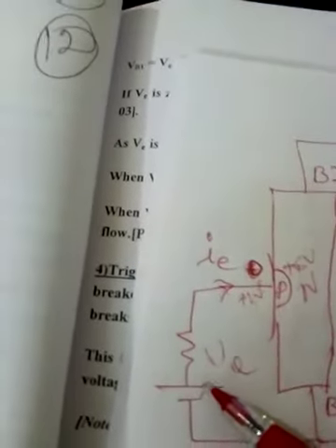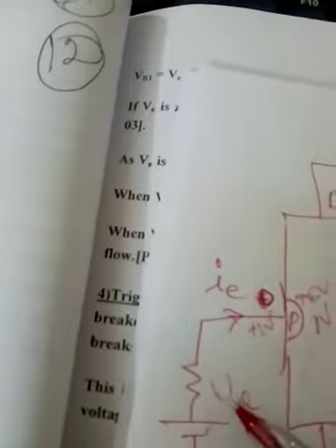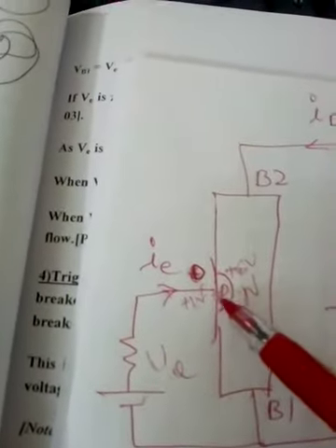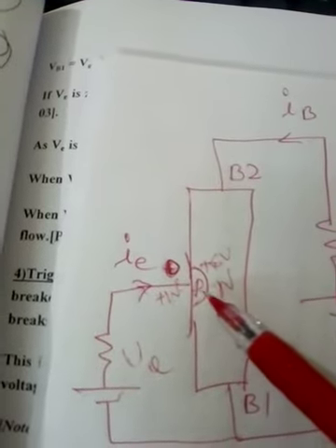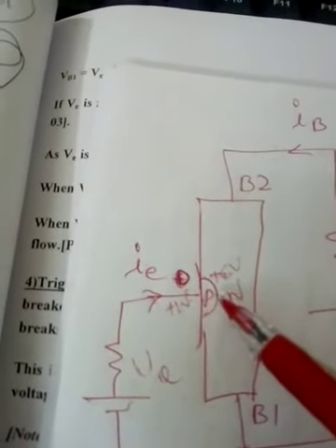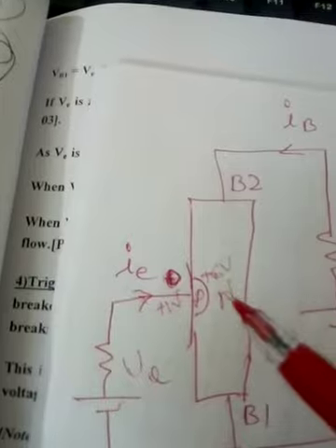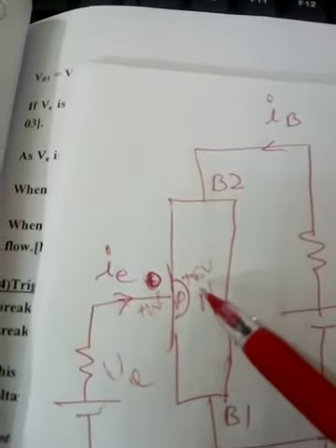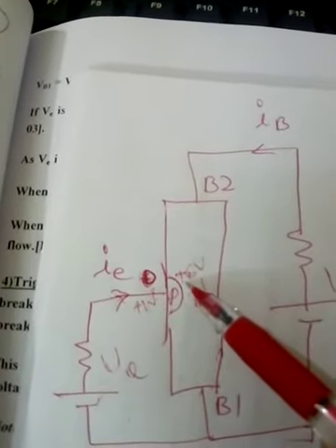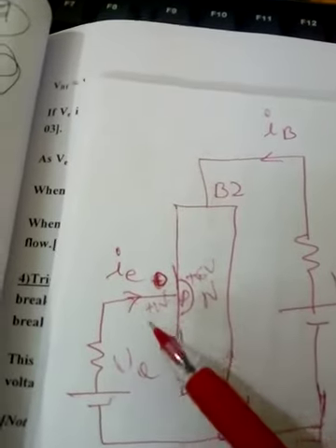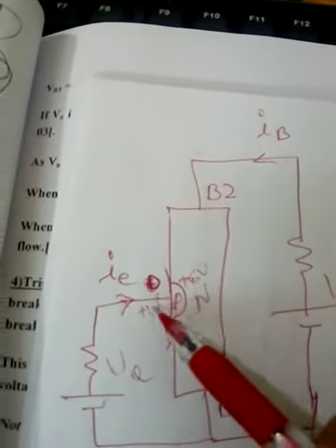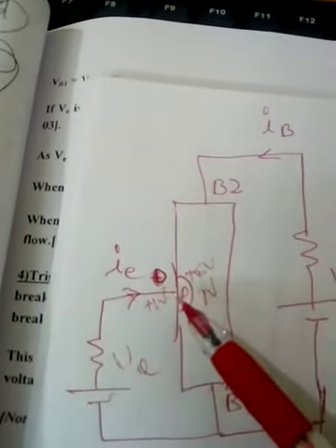Now assume that you are going to increase the emitter voltage gradually. Say you have made this 1 volt. When you make this 1 volt, the net reverse biased voltage on the PN junction will be only 5 volts, because in the N region you have 6 volts and in the P region you have 1 volt, because you have applied only 1 volt.